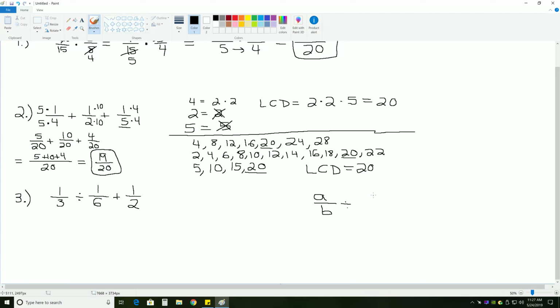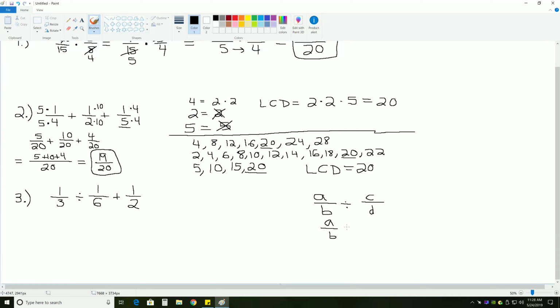Let's say we had A over B divided by C over D. In order to change this to multiplication, you have to take your first fraction and rewrite it.